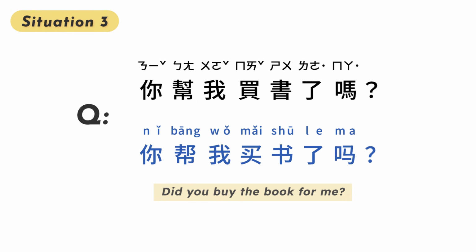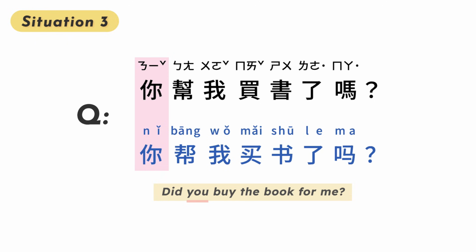And now here is another scenario. If I wanted you to buy a book for me, I might ask you, 你帮我买书了吗？Did you buy the book for me? Now let's say you didn't buy the book, but you bought a few pens instead. In this case, you are the focus of the conversation because I want to know if you bought the book for me.